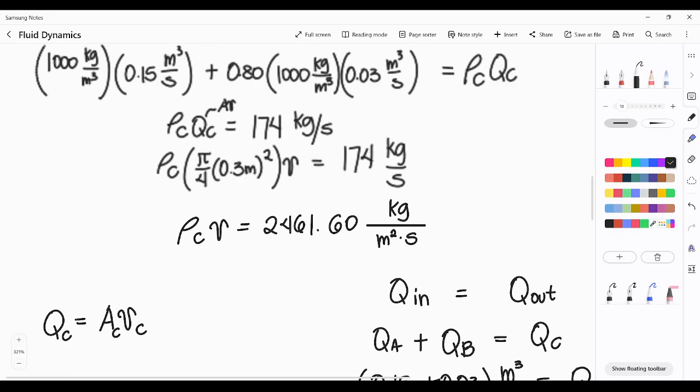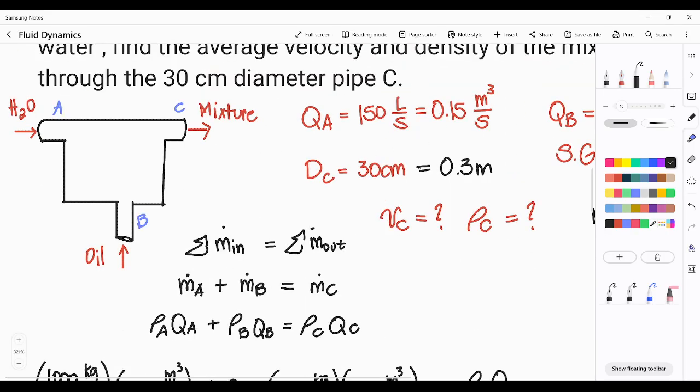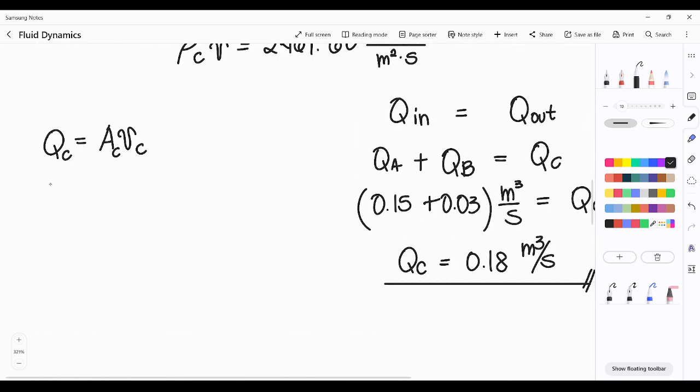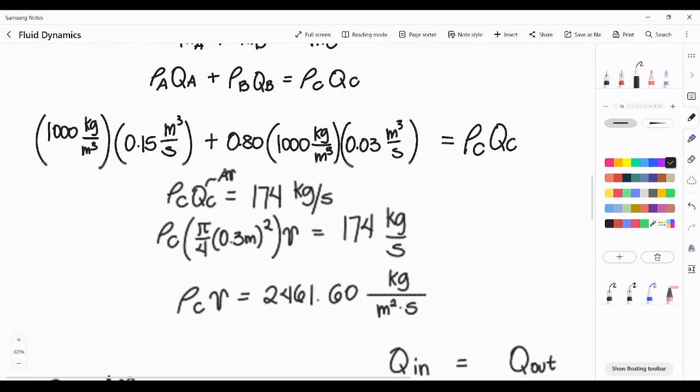Meron tayong area kasi may given tayong diameter, which is 30 centimeters or simply 0.3 meters. So, the velocity at C is simply equal to itong nakuha natin, 0.18 cubic meters per second divided by the area, which is a circle. Cross-sectional area is a circle kasi pipe, diba? Pi over 4 times the diameter, 0.3 meters squared.